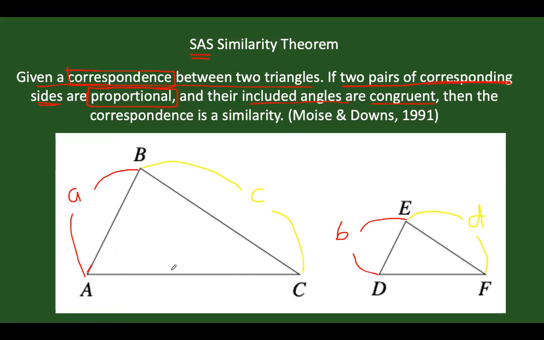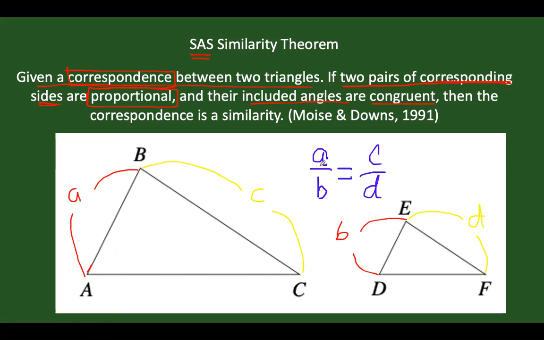And based on the given, these corresponding sides must be proportional. So when we say proportional, if I'm going to make a ratio of the corresponding sides, which are AB over DE and BC over EF, all right, then they should be proportional.